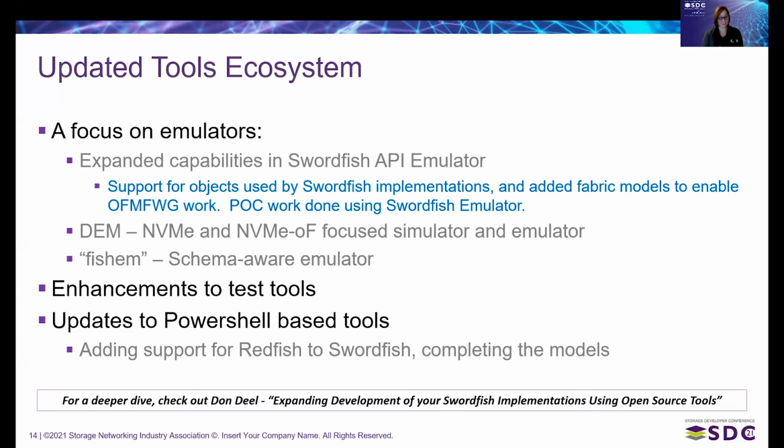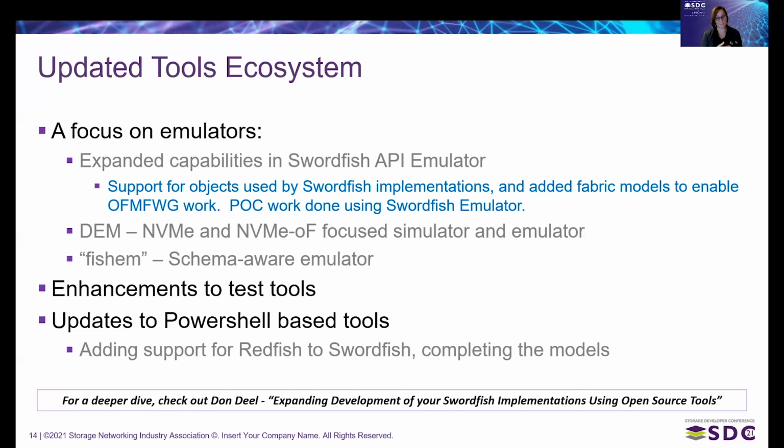There's also a bunch of enhancements to the test tools I'll be talking about in my presentation about the Swordfish Conformance Test Program. And in addition, we have expanded capabilities to our PowerShell-based tools. These are all available on github.com/SNIA.